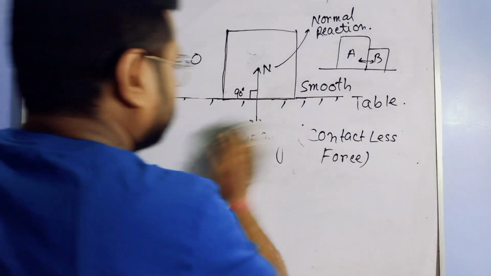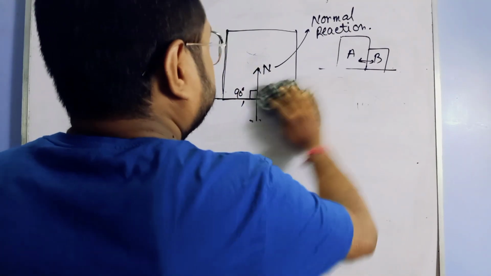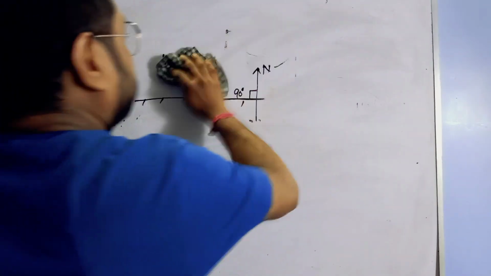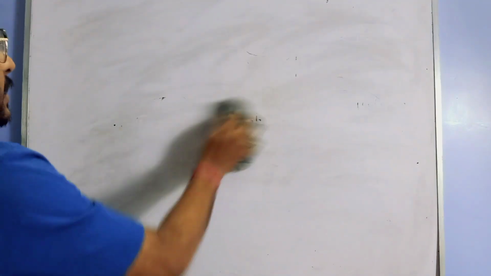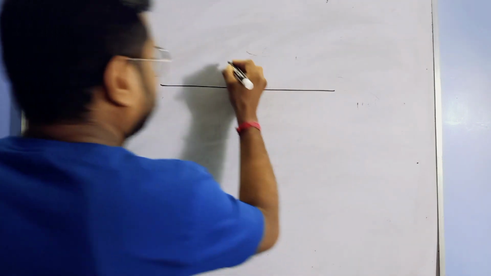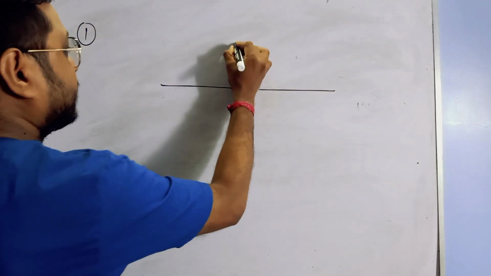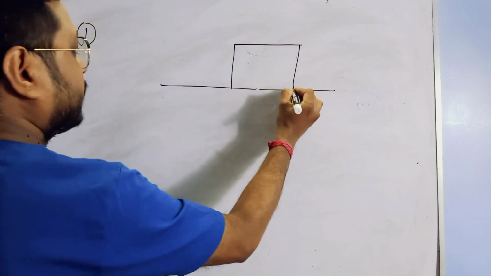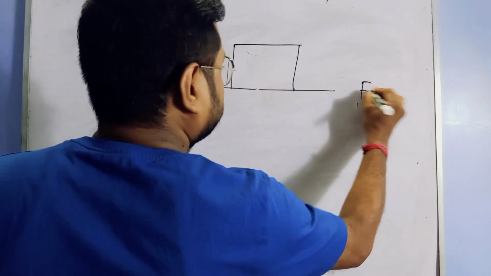Again, we go with the case where friction is present. In the previous picture, there is no friction between the block and the table, but here friction is present.